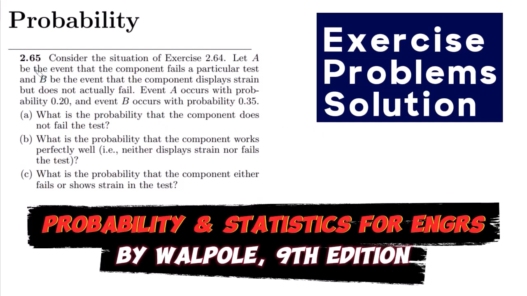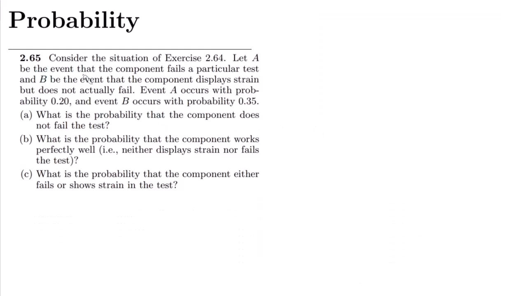Hello guys, so this is question 2.65, and the statement of this question is: consider the situation of exercise 2.64, which we have previously solved. So let A be the event that the component fails a particular test, and B be the event that the component displays strain but does not actually fail. Okay, so these are the two events. First is A, second one is B, and let me write the data here as well.